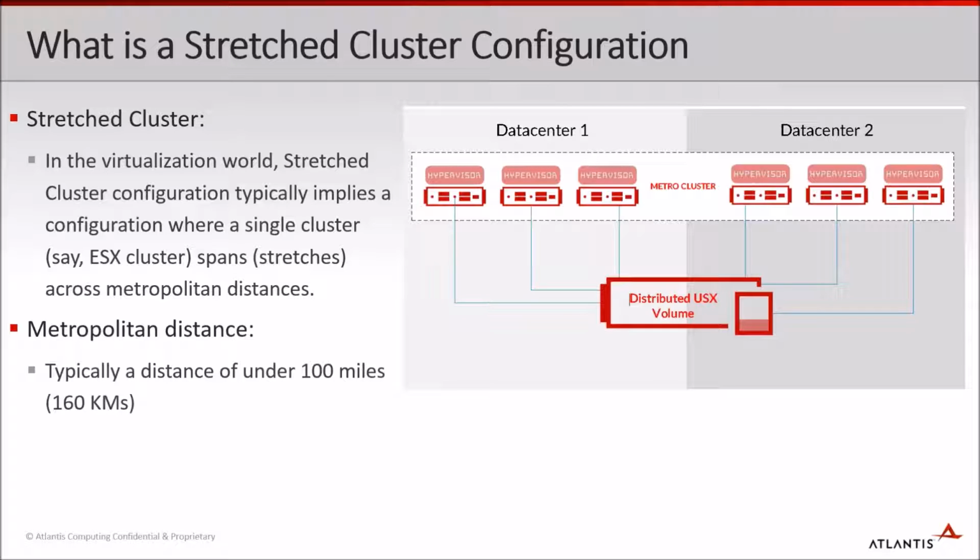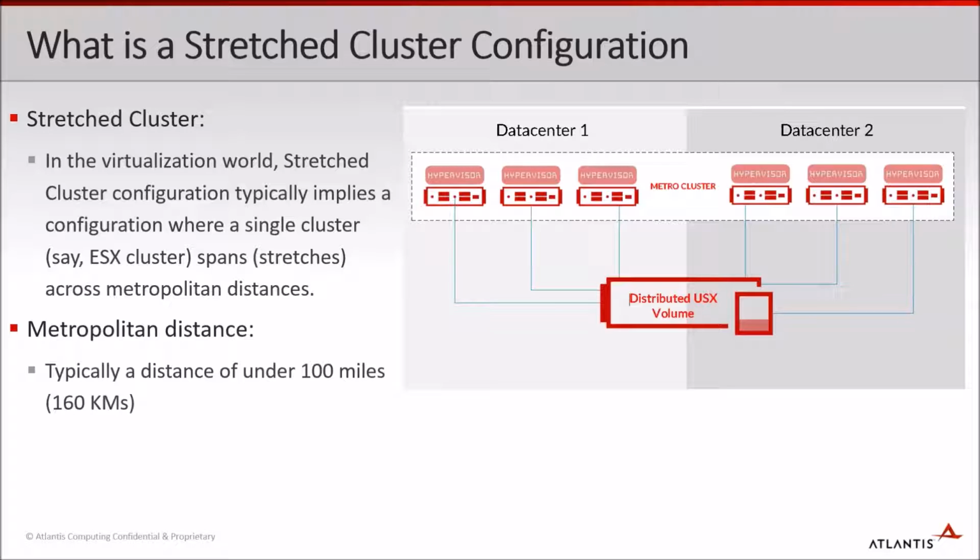and across two data centers that are there at metropolitan distances. From an application standpoint, that spanned set of hosts appears as belonging to a single host cluster. And typically, metropolitan distances of about 100 miles, about 160 kilometers, are supported in this configuration.